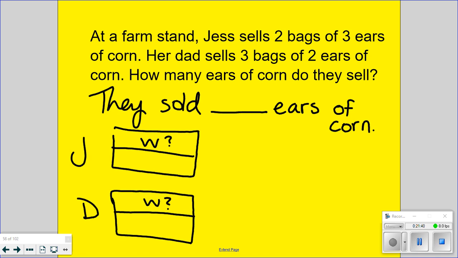Why am I breaking it into 2 sections? Because it says 2 bags. These are my bags. And then what's happening? And then you're going to put 3 ears of corn. 3 in this bag, 3 in this bag. So far, so good?